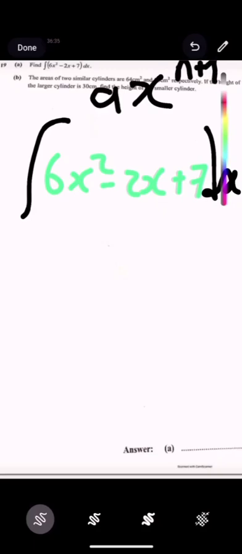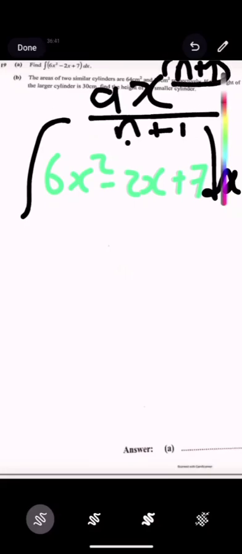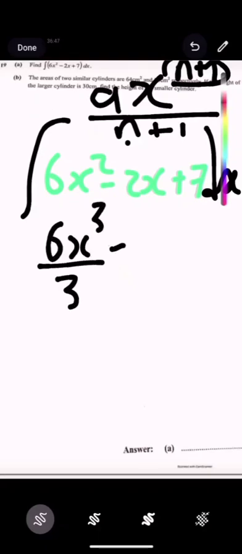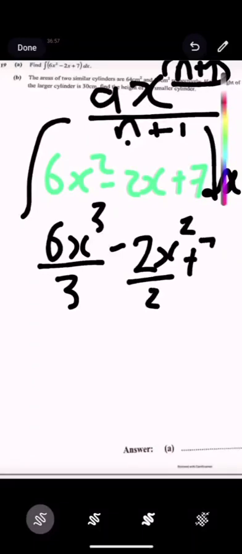Then you divide everything by the new power, n plus 1. Therefore, we're going to have 6x, 2 plus 1, 3 over 3, minus 2x. This one has an invisible 1 here. So 1 plus 1, 2 over 2, plus 7.